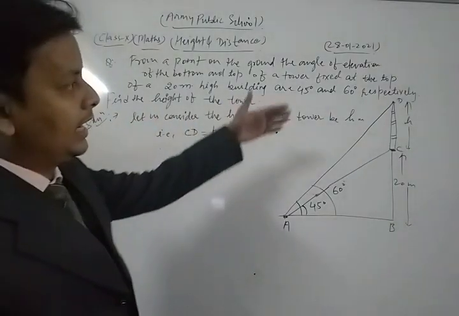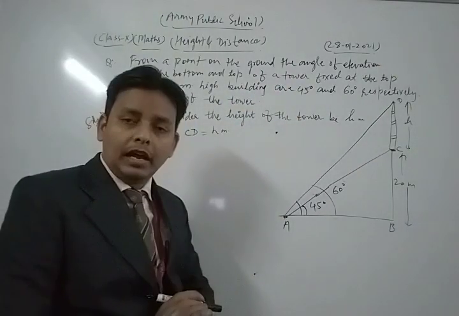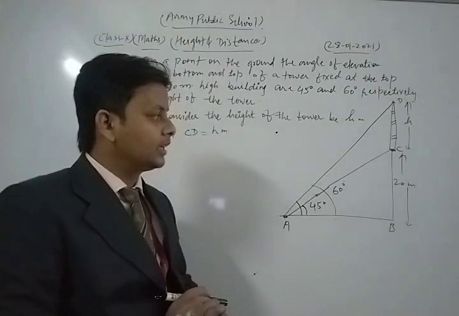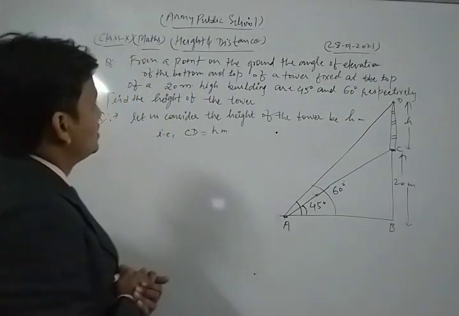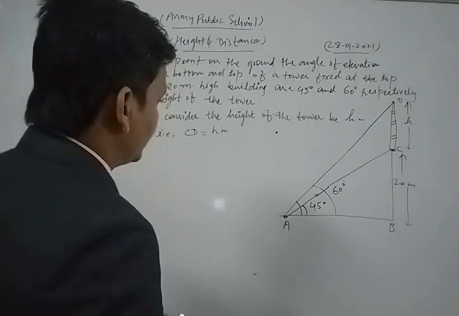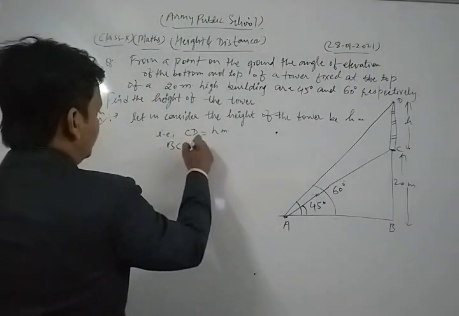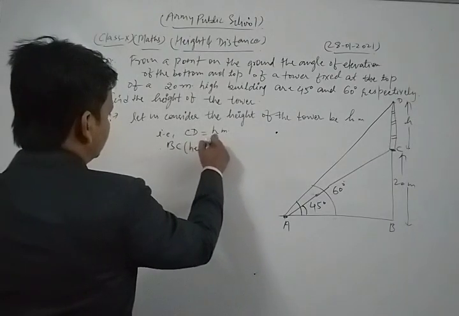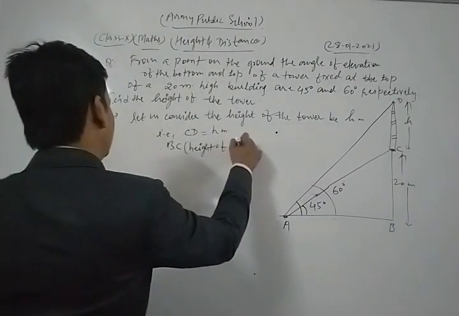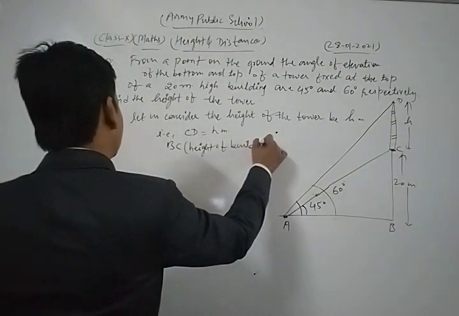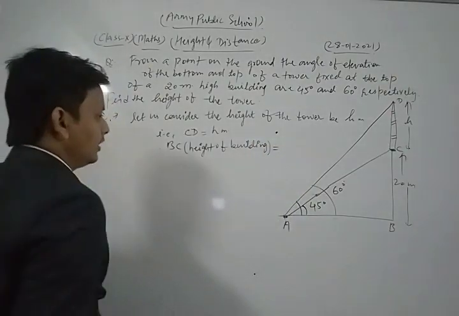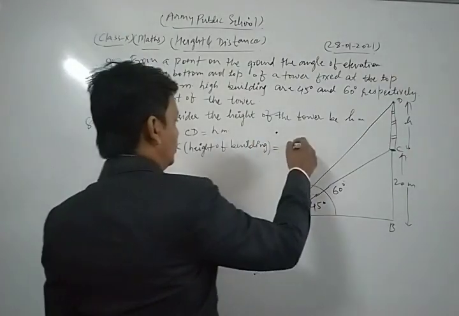And this tower is fixed at the top of the building, which is 20 meter high from the base. Here the height of the building, BC, is 20 meter.